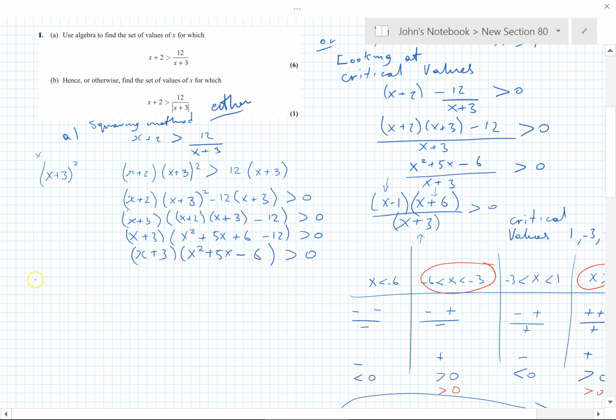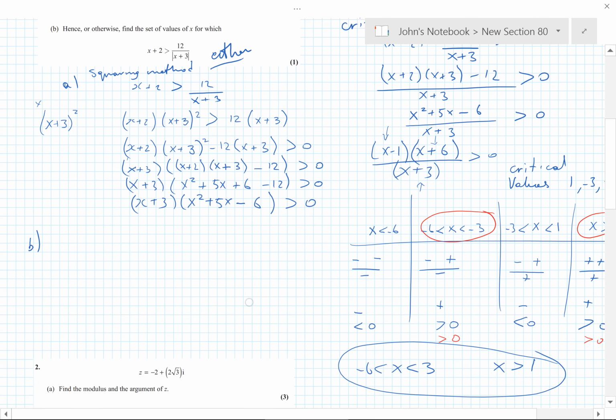Question B is pretty straightforward, because if we look at our final answer here, if we're looking at this particular case, then x is negative, and between minus, which must mean that this is negative, but this would be positive.